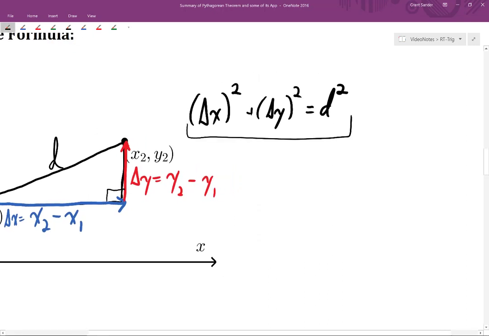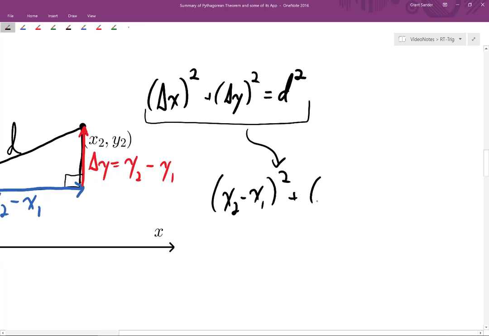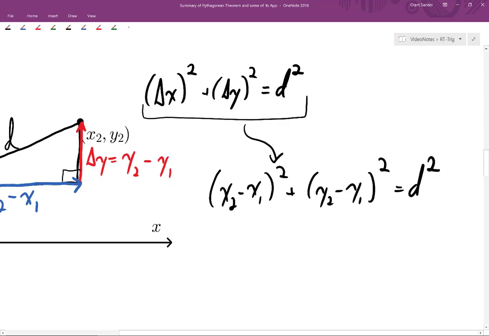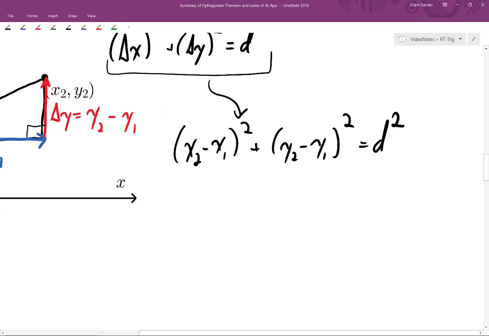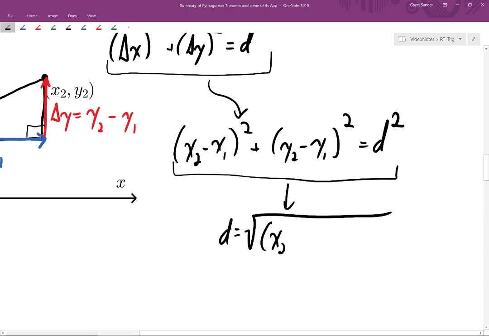So we can rewrite this equation as x2 minus x1, which is delta x, squared, plus y2 minus y1, which is delta y, squared, equal to d squared. We can then rewrite that as d is equal to the square root of x2 minus x1 squared plus y2 minus y1 squared.